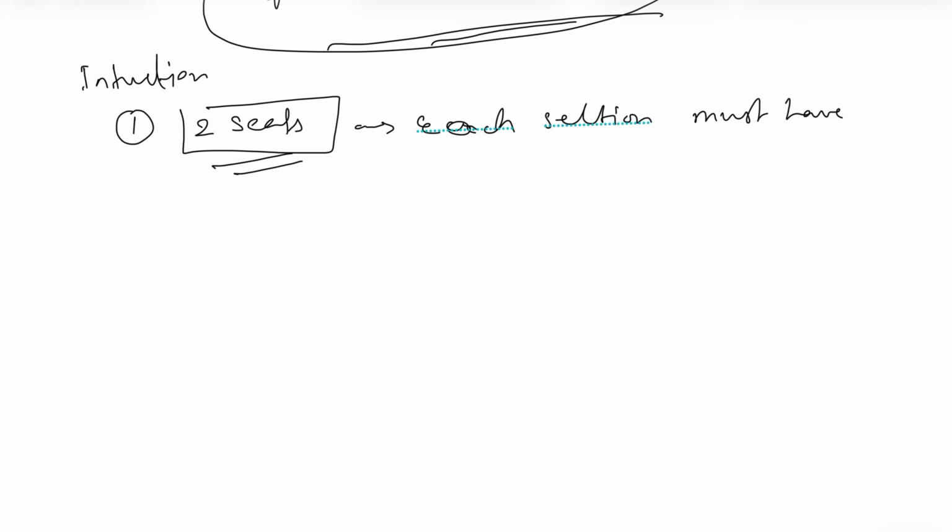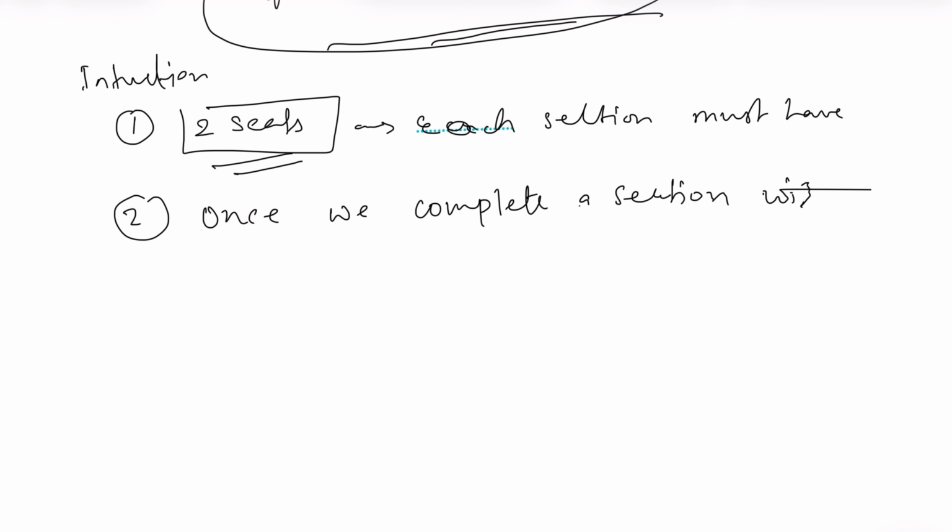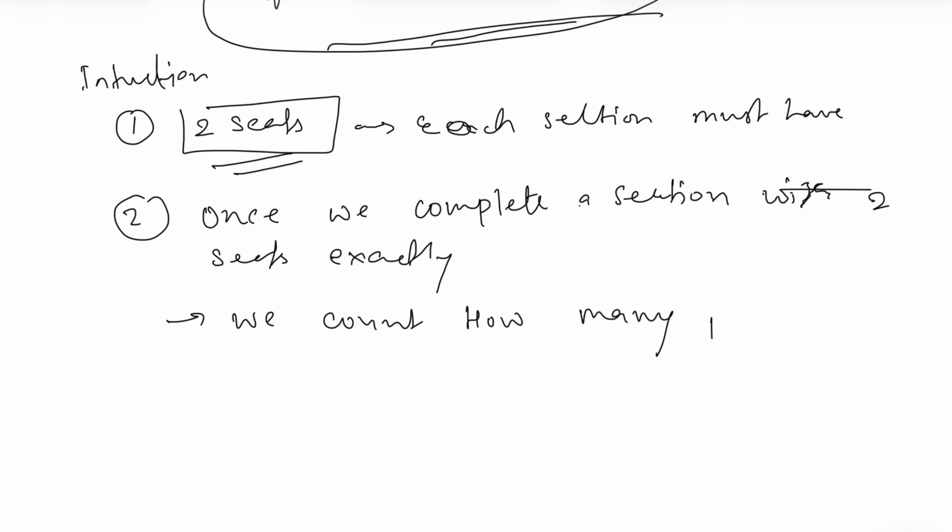Then once we complete a section with 2 seats, we count how many plants appear.